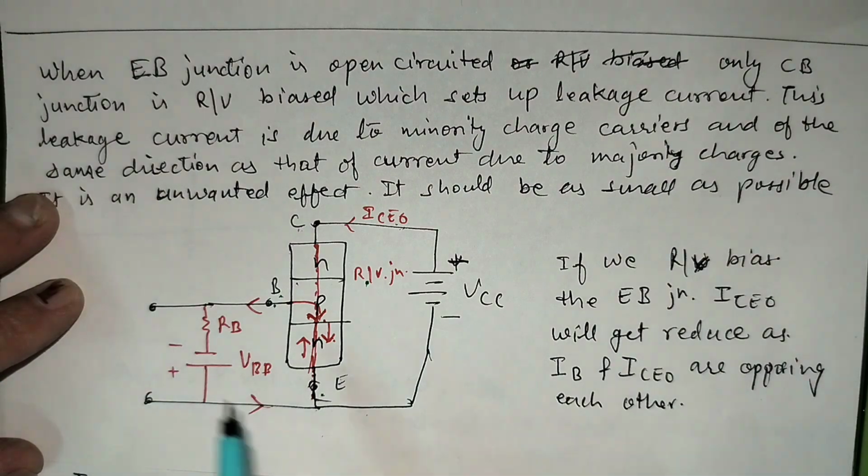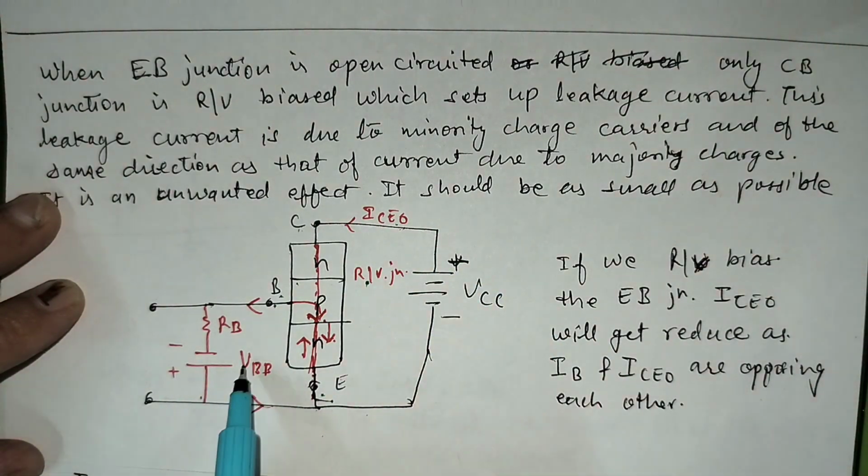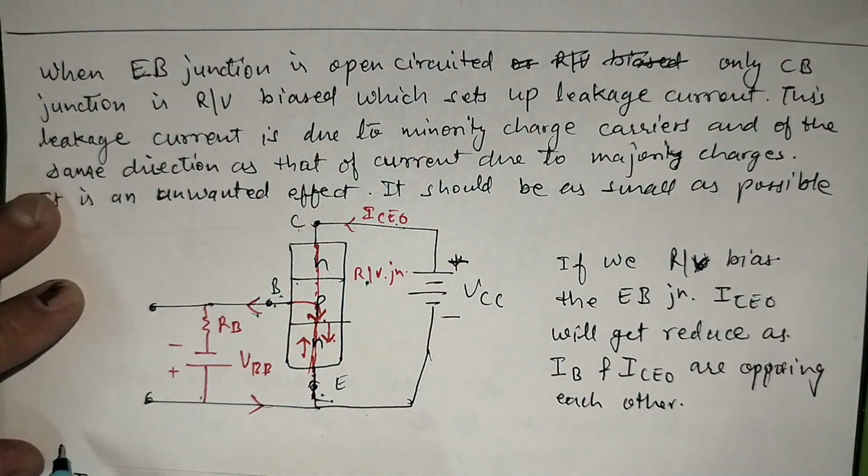So we will apply a reverse biasing at the input side, means between the base and the emitter, to reduce the effect of this leakage current. As when we reverse bias the base emitter junction, there will be flow of the base current in opposite direction.